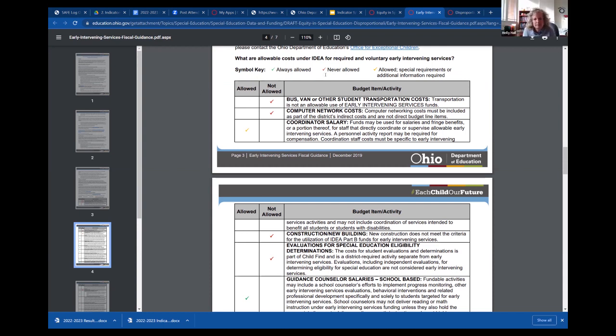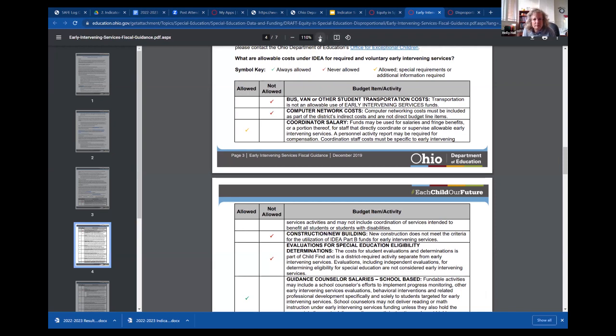So I did pull up the allowed versus not allowed services. As you start thinking about your self-review summary report, there will be conversations, I know, about what are some good things to think about after we've drilled down to root cause and determined what those root causes are. This will give you some guidance in terms of what is allowed and what's not.